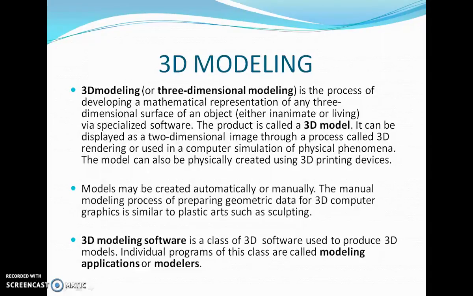The manual modeling process of preparing geometric data for 3D computer graphics is similar to plastic art such as sculpting. 3D modeling software is a class of 3D software used to produce 3D models. Individual programs of this class are called modeling applications or modelers.